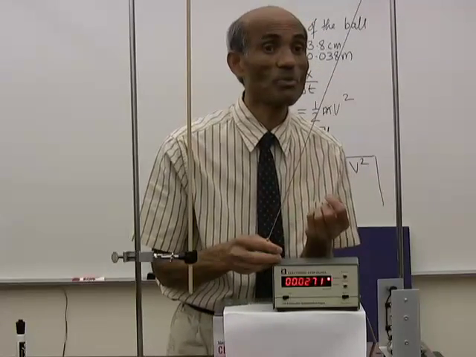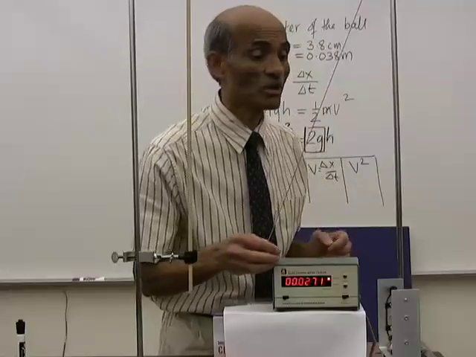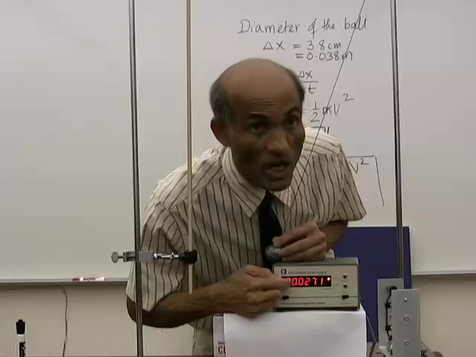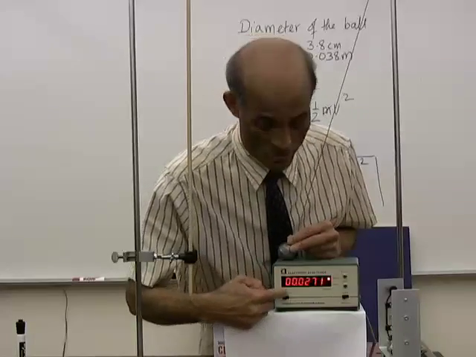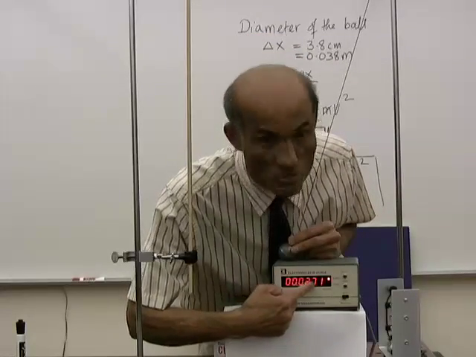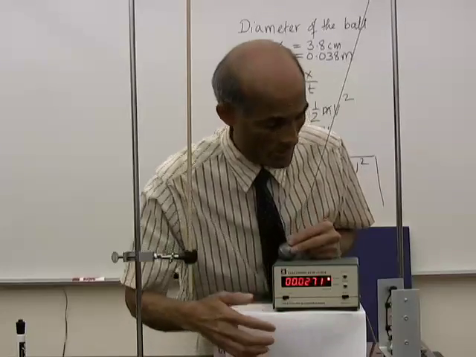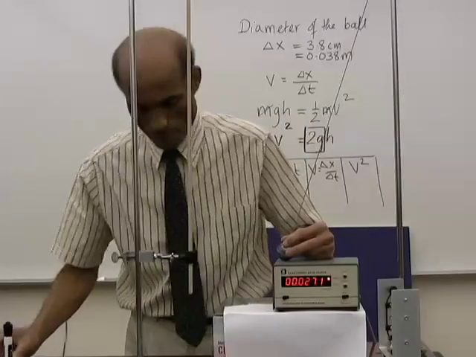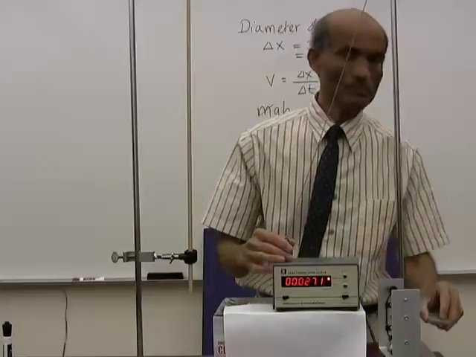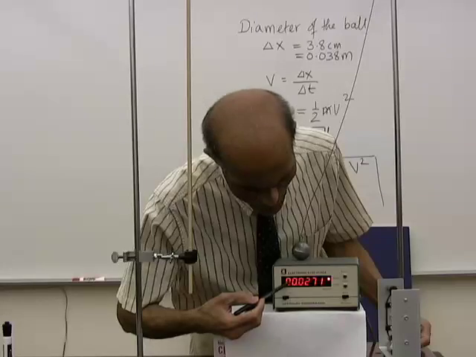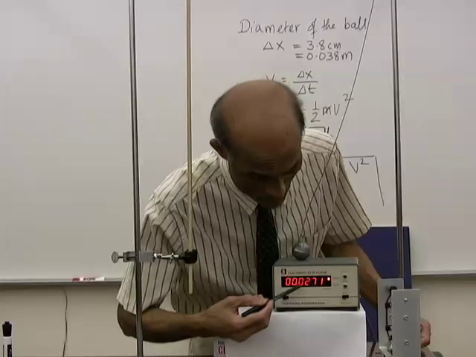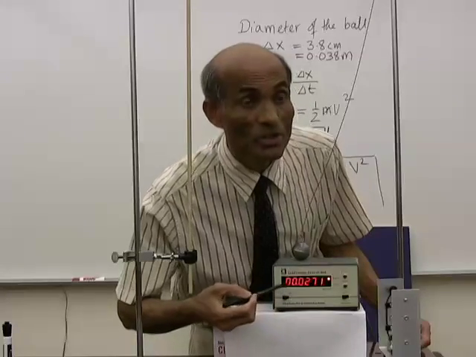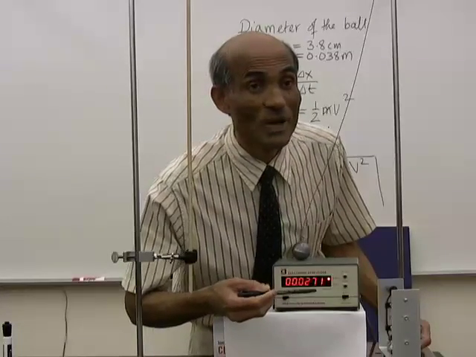The first value was not 0.00. Remember, the clock is red. The first 2 zeros are whole numbers there. So that will be 0.027, not 0.00. I hope you are able to read the clock correctly. Now the clock reads like this, 00 point. This is the decimal point. So this is 0.027. Your first reading was 0.028.